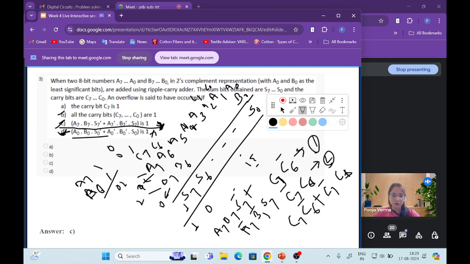Have you understood this question? So option C is the only correct option. Overflow is said to have occurred if A7 B7 into S7 dash plus A7 dash B7 dash into S7 is 1. In that case, overflow will occur.